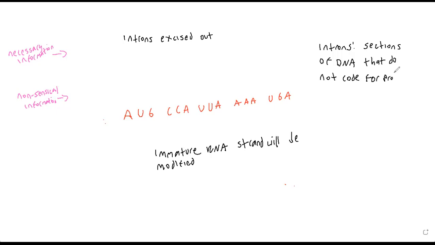And you're probably thinking, how do I know if a part of the gene is an intron? Well, that's because as soon as this RNA is made, it's going to have certain sections cut out. So we'll say that this section here, which is AAA, is going to be cut out. So we know that those are intronic regions.